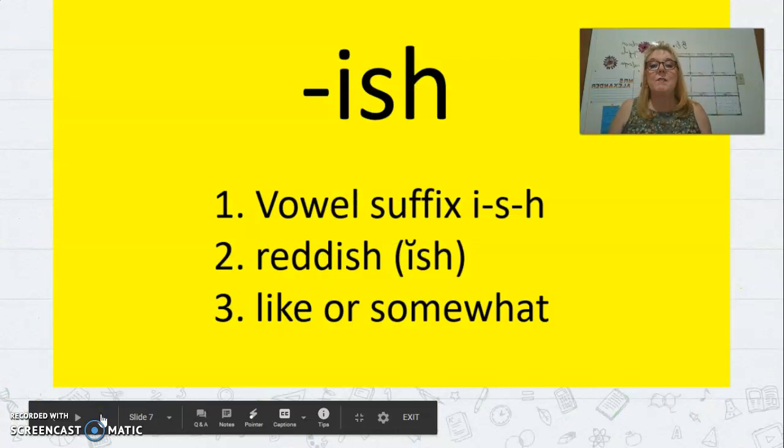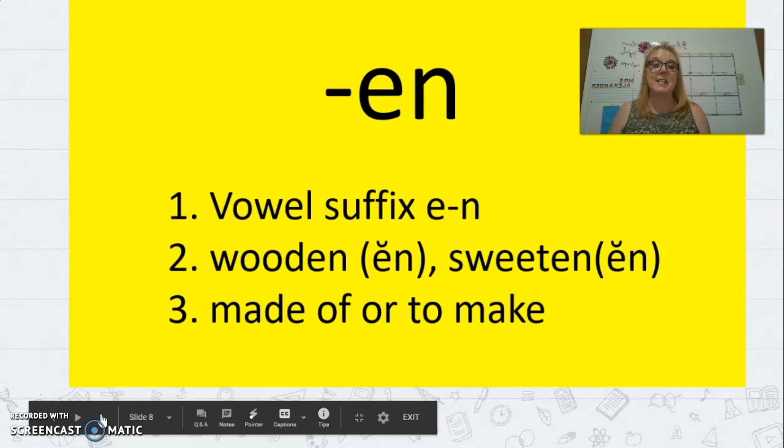Ish. Vowel suffix ISH, like reddish. It means like or somewhat. EN. Vowel suffix EN, like wooden or sweeten. It means made of or to make.